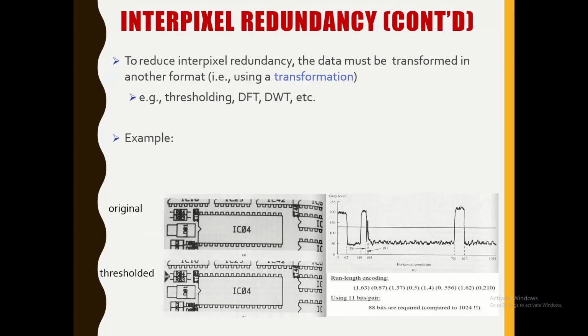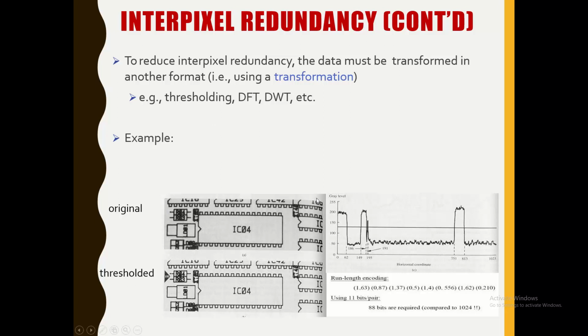Now, to reduce the interpixel redundancy, the data must be transformed into another format. There are various kinds of transformations, for example, thresholding, discrete Fourier transform, discrete wavelet transform, etc. I am going to explain interpixel redundancy with a simple example, a thresholding operation.